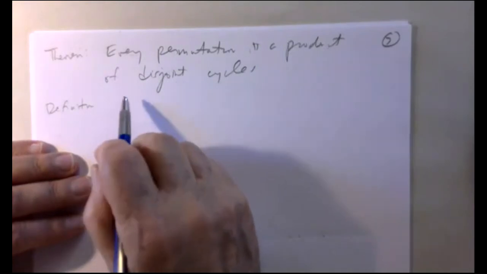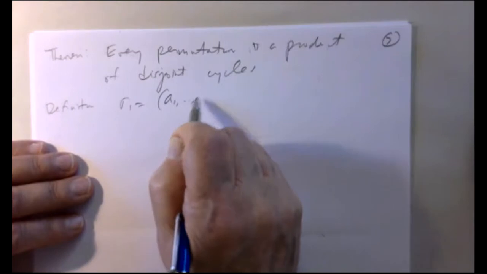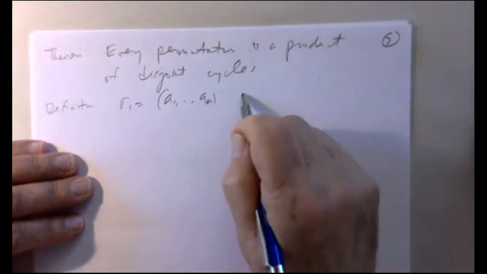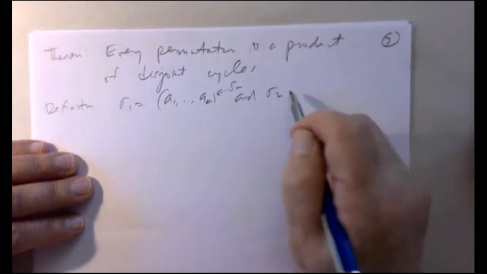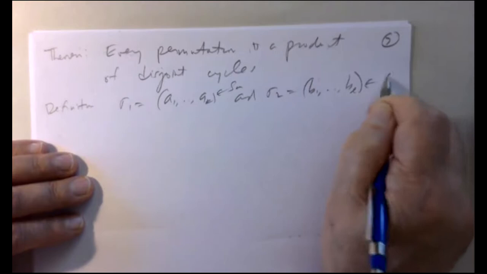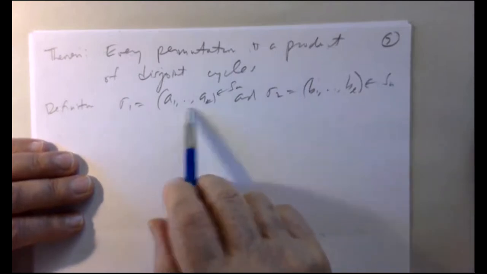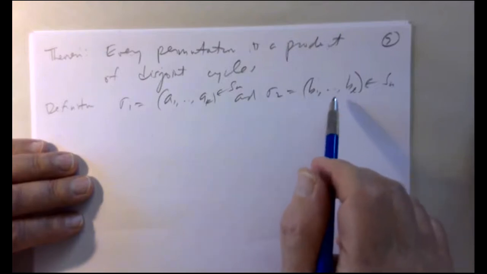Suppose sigma 1 is the cycle a1 up to a sub k, and sigma 2 is the cycle b1 up to b sub L, both in Sn. So here we have k different numbers written in order. Here we have L different numbers written in order.